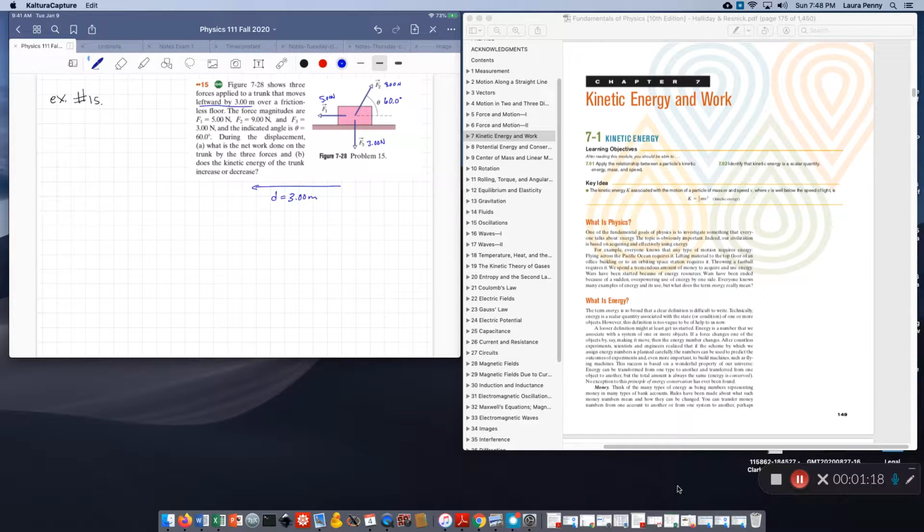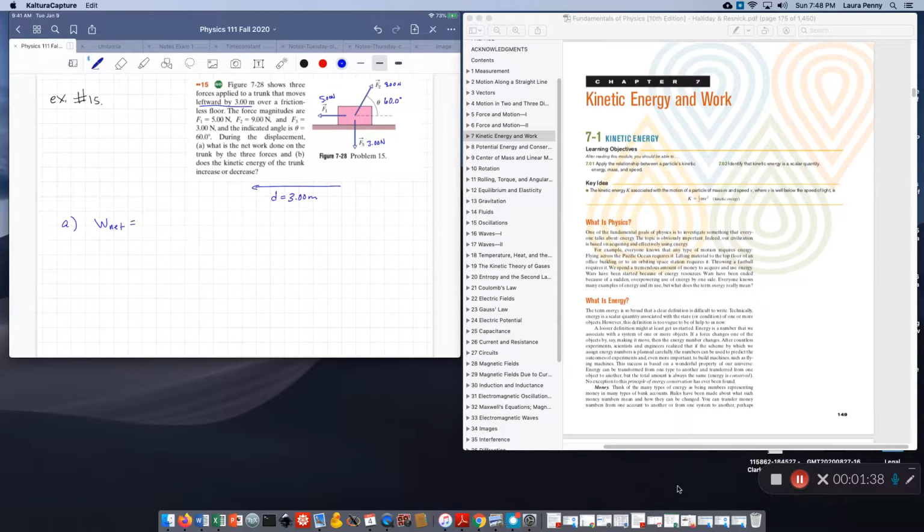So it says during displacement, what is the net work done on the trunk by the three forces? So this is what they mean by net work, W net. I don't really know how fast it's going initially, and I don't know how fast it's going finally. So I'm not going to be able to do this through the kinetic energy.